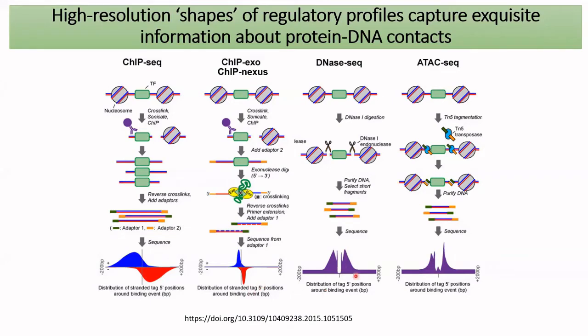These are often referred to as footprints in the case of DNase-seq and ATAC-seq. If you just summarize this information in a large, low resolution window, let's say of 100 or 200 base pairs, you lose really nice information about where the protein might be contacting DNA and the precise effect it has on the read profiles around the binding position.